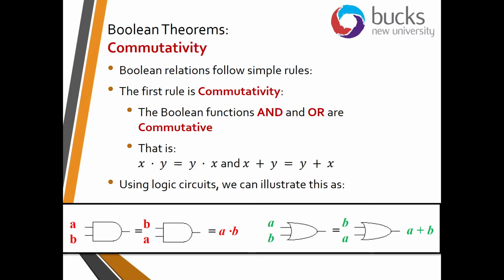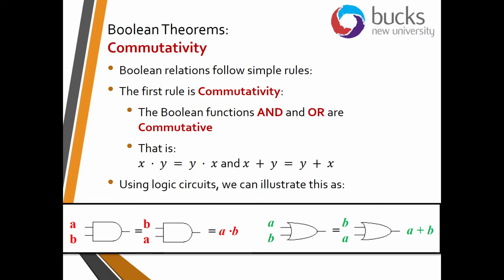So the first thing that we have is commutativity. I always struggle with that word. They are commutative. What this means is that the Boolean functions AND and OR are commutative, which means that x and y equals y and x.